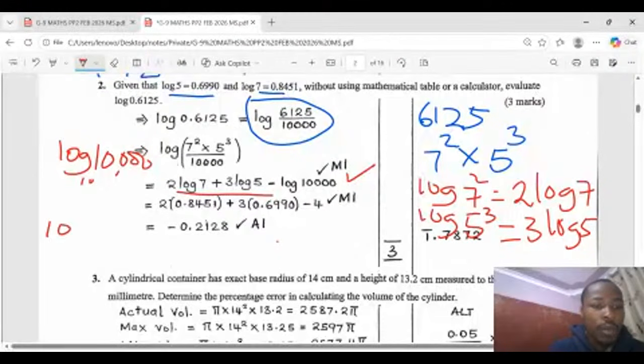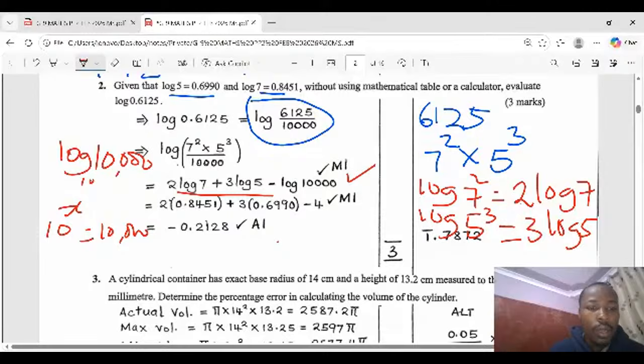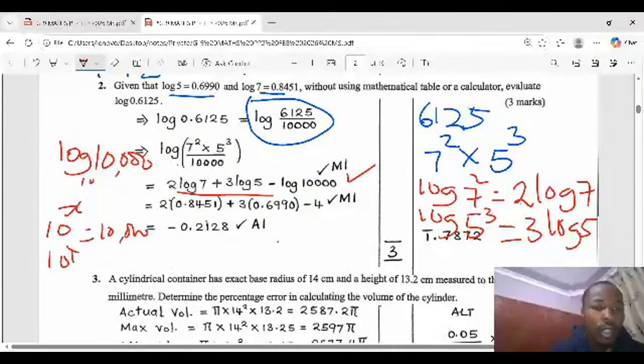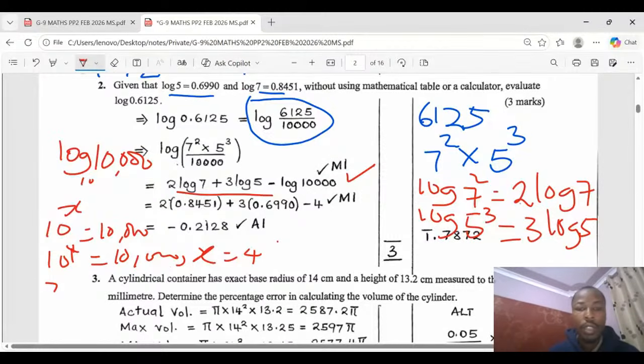Then how do you find log 10,000? If you take 10 to power x, it should give us 10,000. If you take 10 to power 4, you get 10,000, so x is going to be 4.